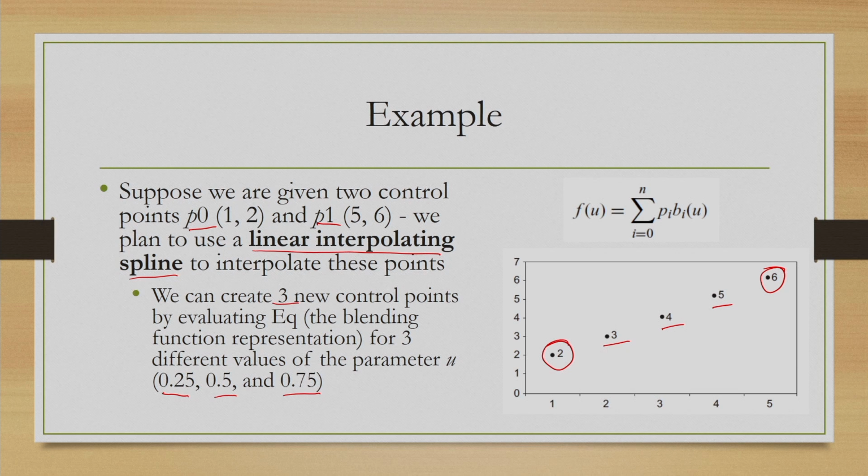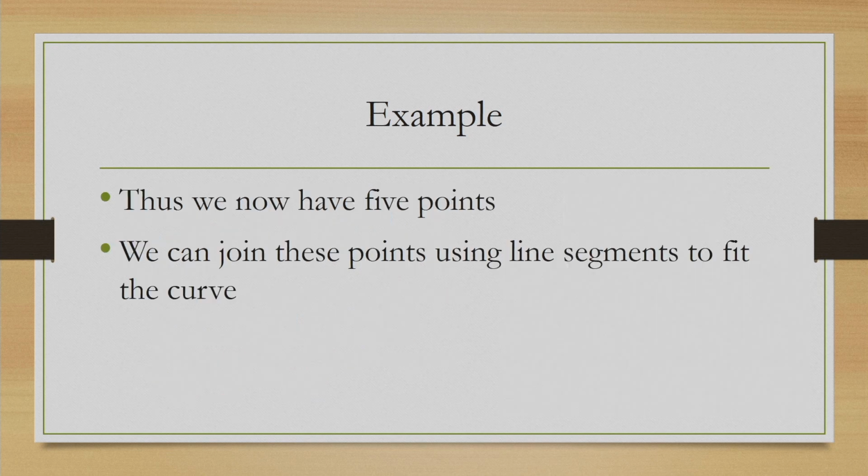So, we are given two control points, we are using a linear interpolating spline, and using that spline we are creating three new control points, and once these points are created, we can join them using a line segment to get the curve, and we can keep on adding more and more points to get a finer curve.